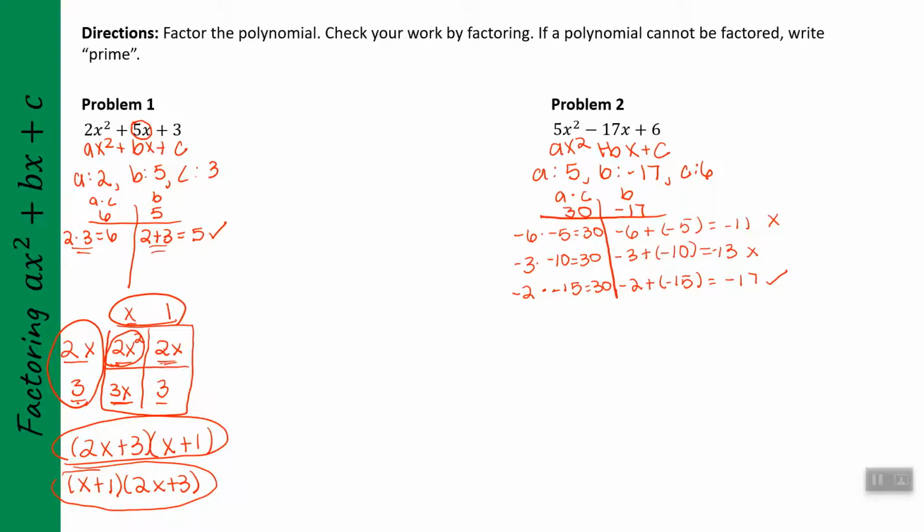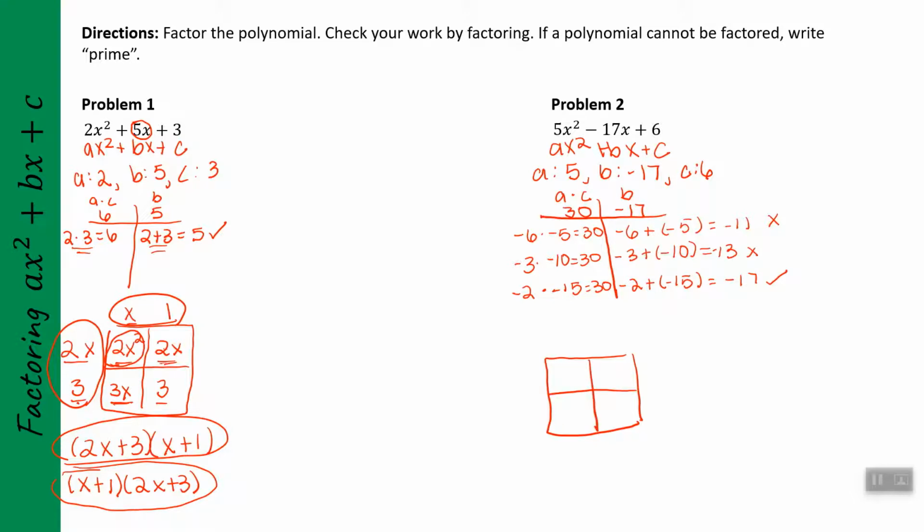If you get it on the first try, like we did on problem 1, that's totally fine as well. Sometimes it may take you a couple tries to figure out the correct factors that satisfy both columns. It might take you a little longer one time or another time, but we'll all eventually get there.